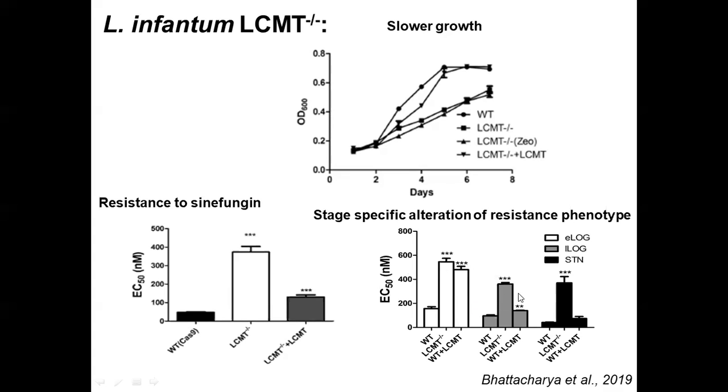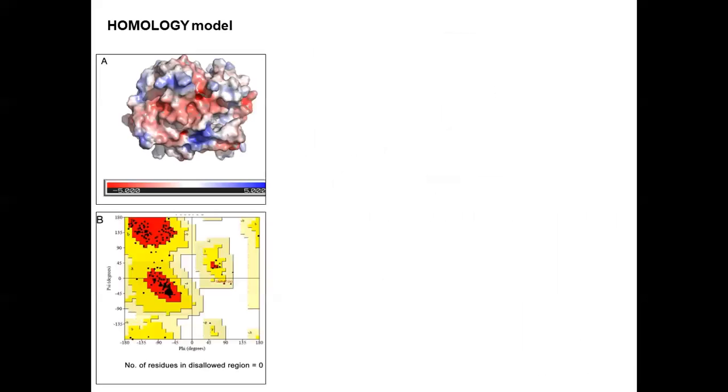However, this resistance depleted with the mid-log, late log and stationary phase, whereas for the knockout strain, this resistance level was maintained throughout the life cycle stages. Because the resistance level is stage dependent, that clearly indicates that this LCMT enzyme has a significant role in regulating biological processes in this parasite.